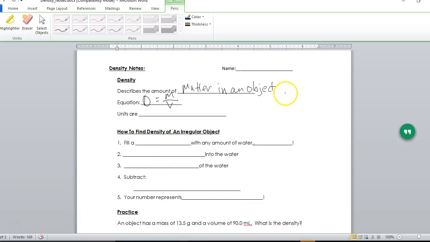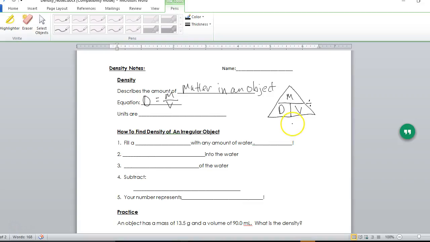To help you with your algebra, there's something called the triangle that helps you figure out if you're solving for different units. So density equals mass divided by volume. If you were solving for density, that's mass divided by volume, so you cover up density and you see m over v.